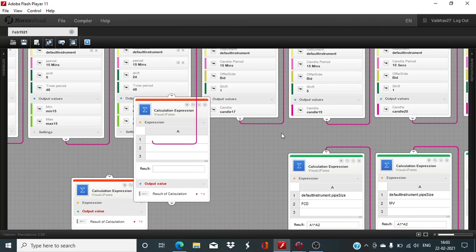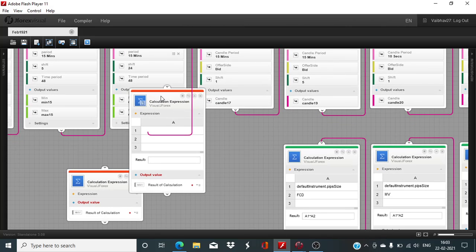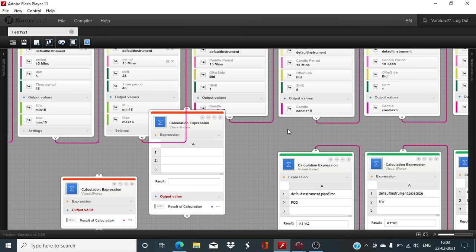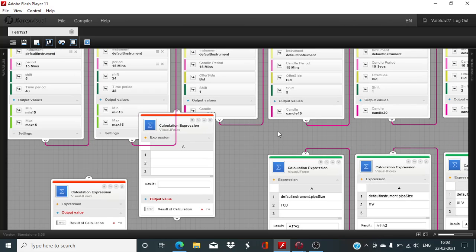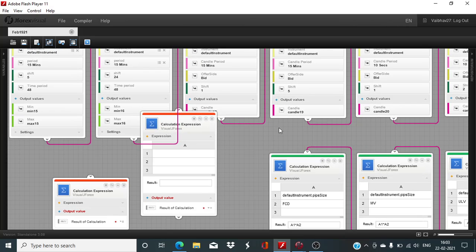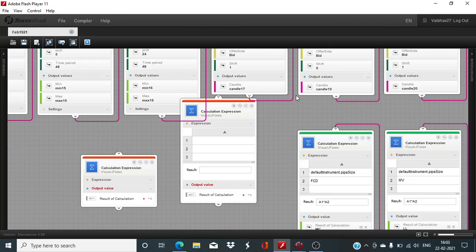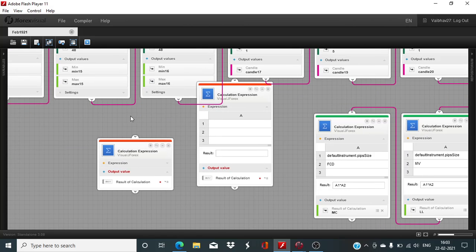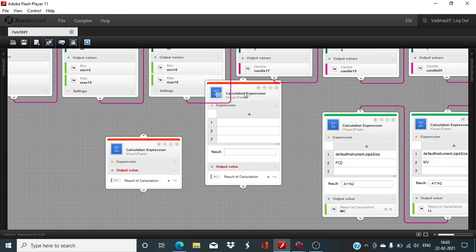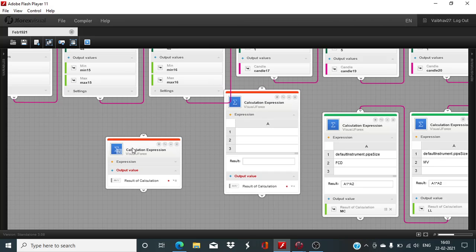So here we are going to need that the last 15-minute candle opening and the closing price should be apart by more than 3 pips. Closing value should be on the higher side, so we need candle 17's closing value first, and then we will deduct the opening value, and the difference should be more than 3 pips.